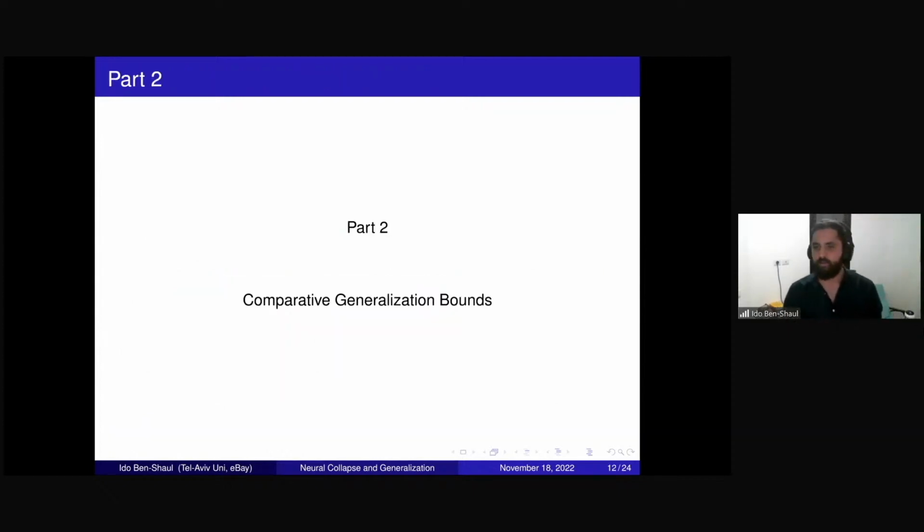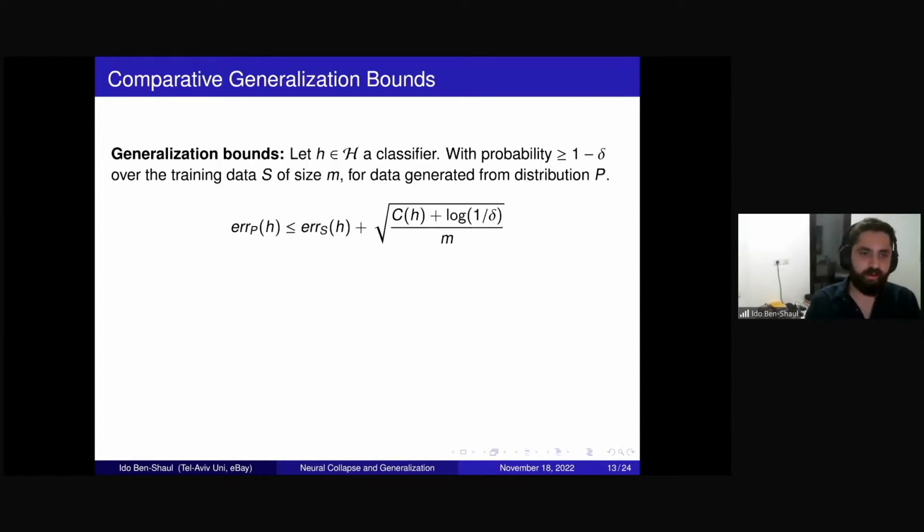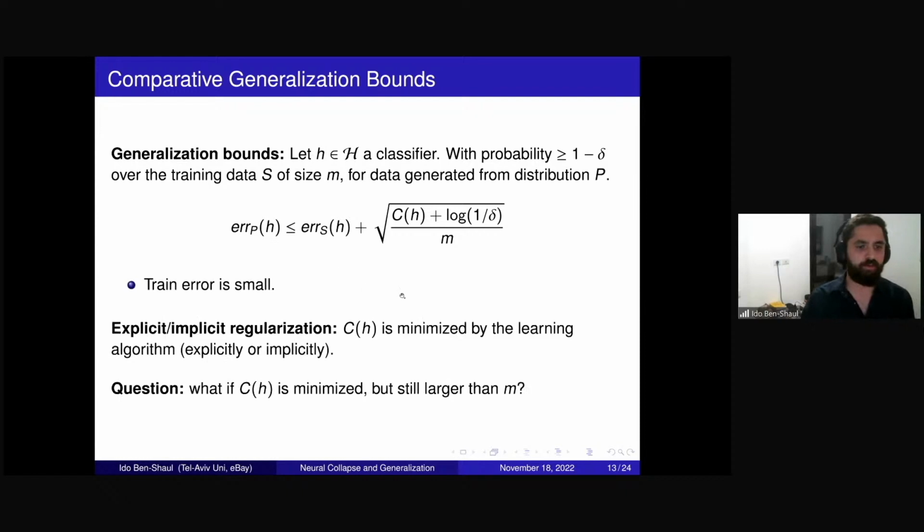So how can we use this to actually show a generalization bound? This is something we call the comparative generalization bound. But before this, I'd like to take a minute to talk about traditional generalization bounds. So let's say we have a classifier H. We say that with probability 1 minus delta over some training data S of sample size M, the error on the distribution is usually bounded by something of this form, which is the error on the train set, plus this form right here, where C of H is the complexity.